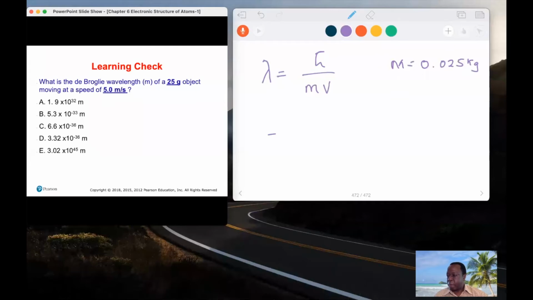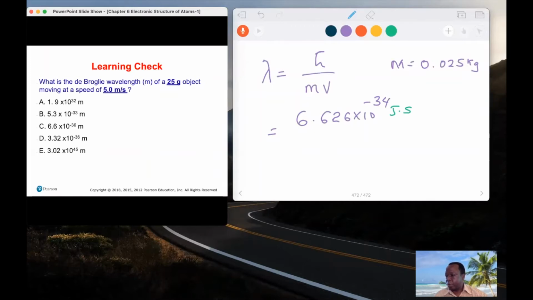So I'll plug in the constant, 6.626 times 10 raised to negative 34. Let's see how we reconcile the units.